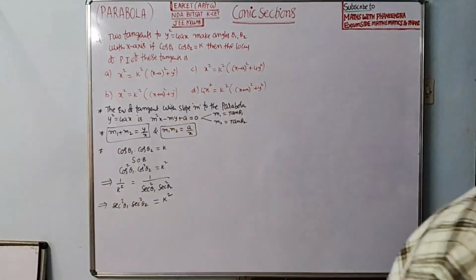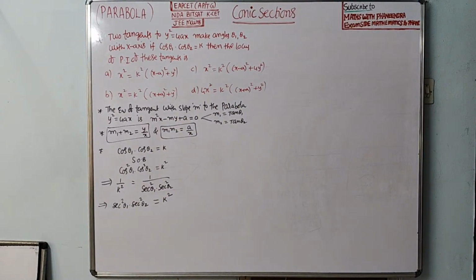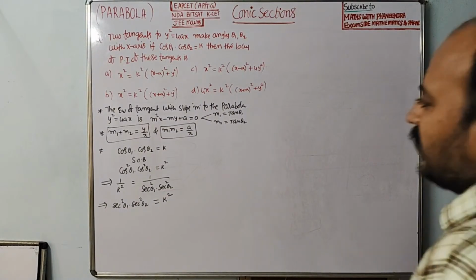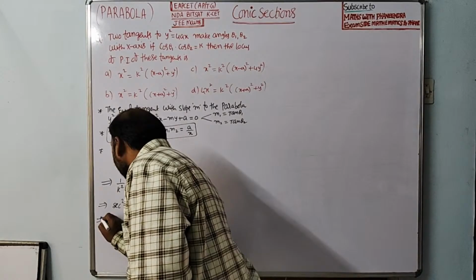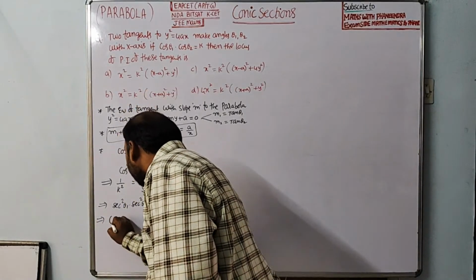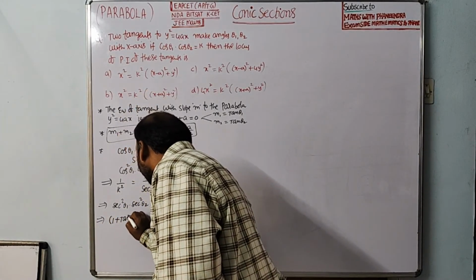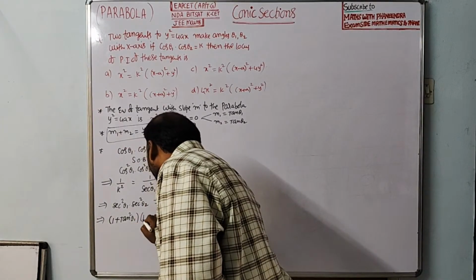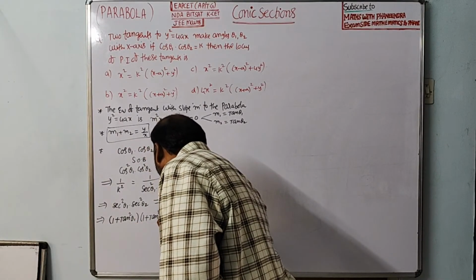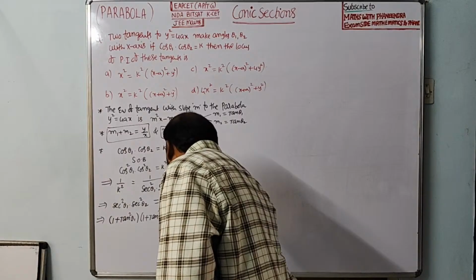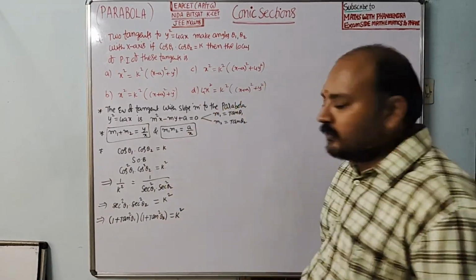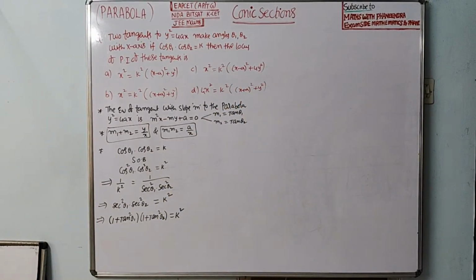So what is secant square theta in terms of tan? 1 plus tan square theta 1 into 1 plus tan square theta 2 is equal to k square.